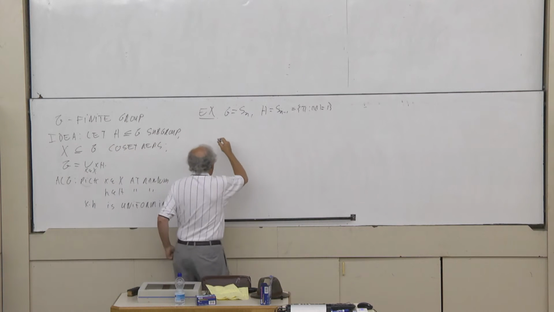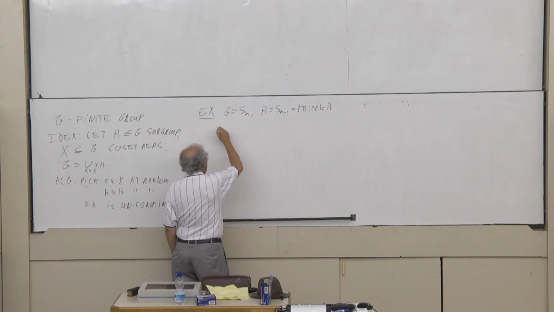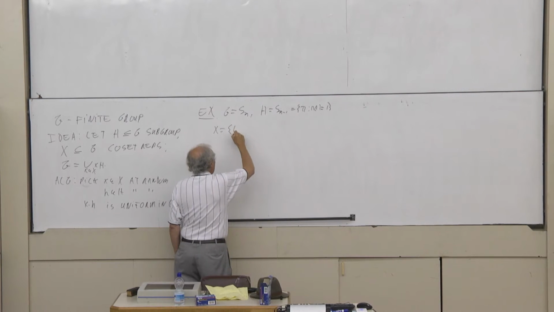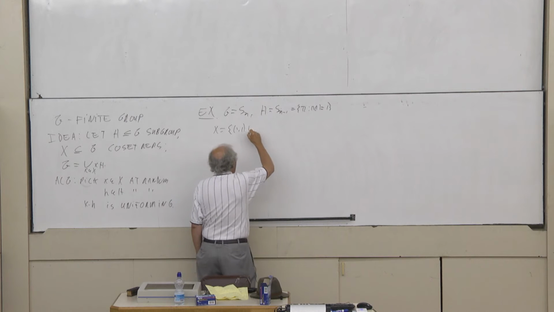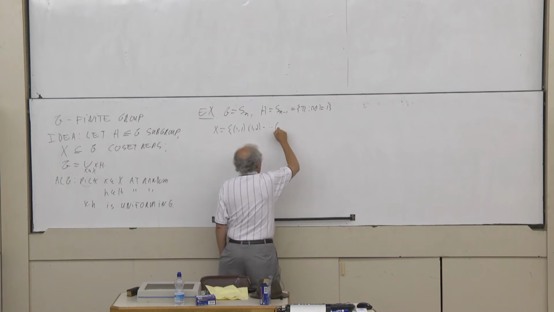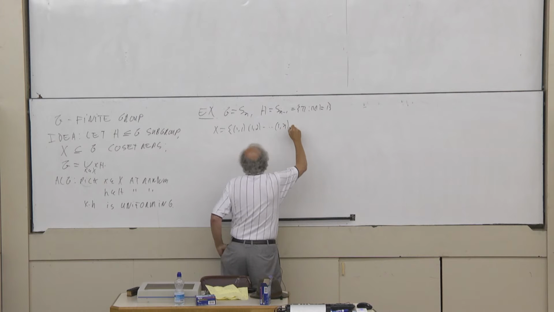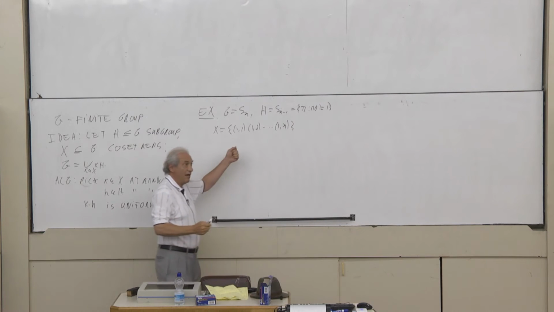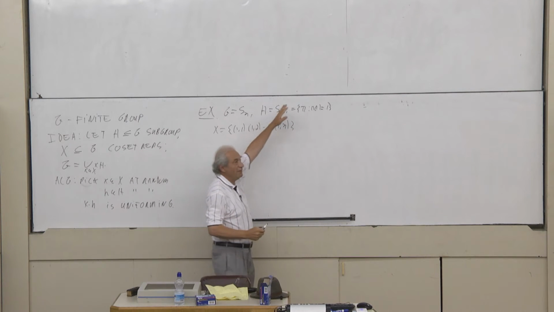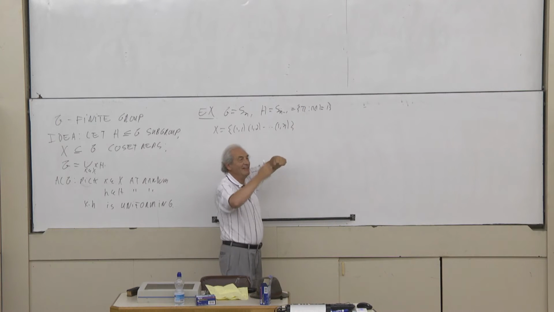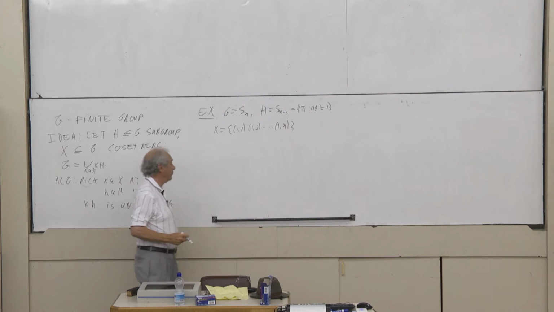The simplest maybe are the identity and the transpositions (1 2), ..., (1 n). If you pick a coset representative, if you shuffle the bottom n minus 1 cards and then take the top card any place, that gets you a random permutation.